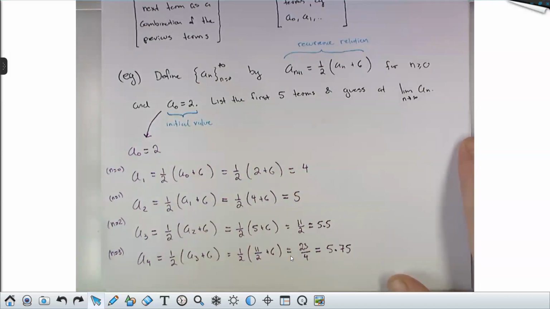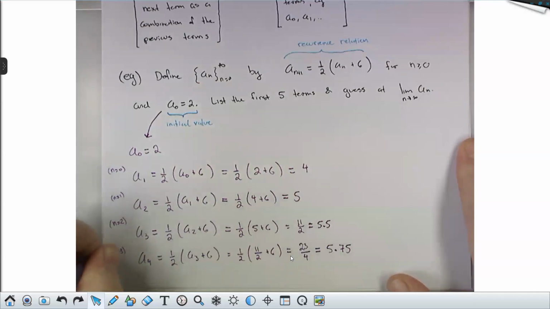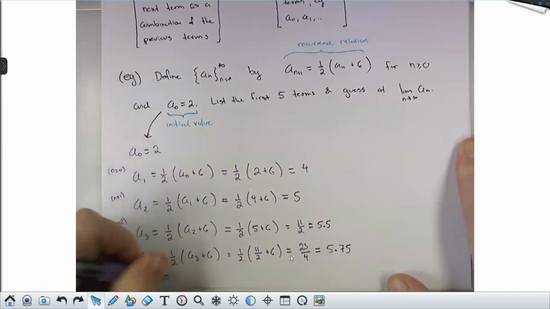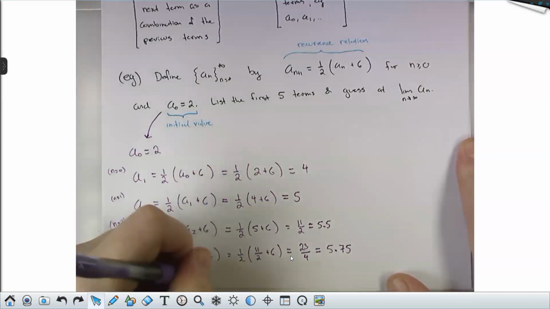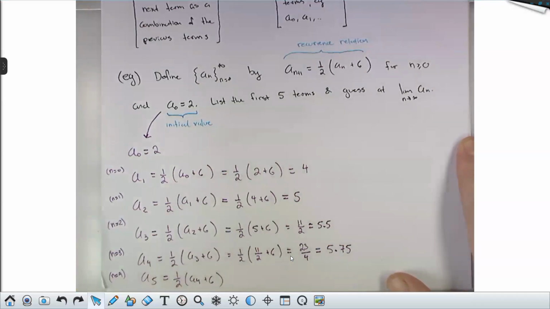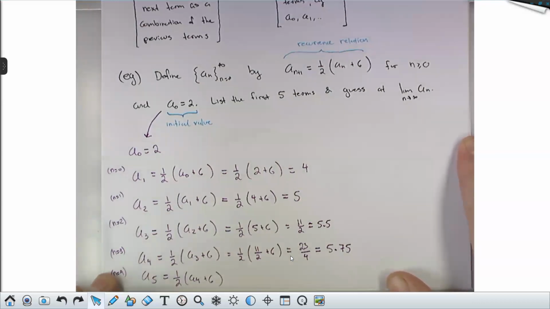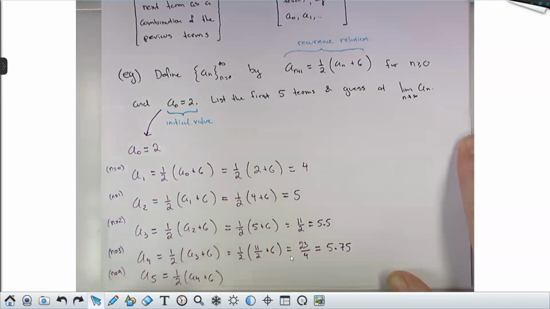And I will do just one more. If you plug in n equals 4 to the recurrence relation, you get a5 equals 1/2 times a4 plus 6. A4 we just found is 23/4.